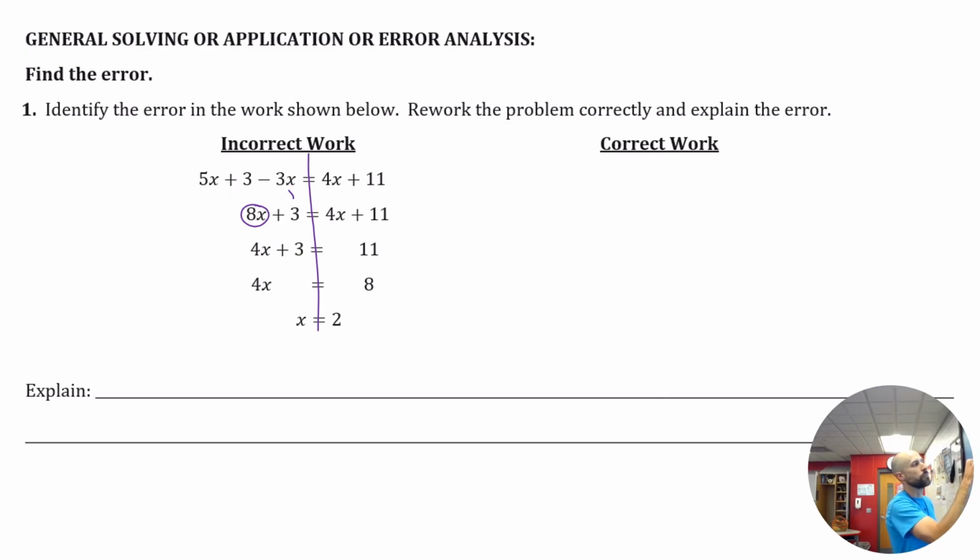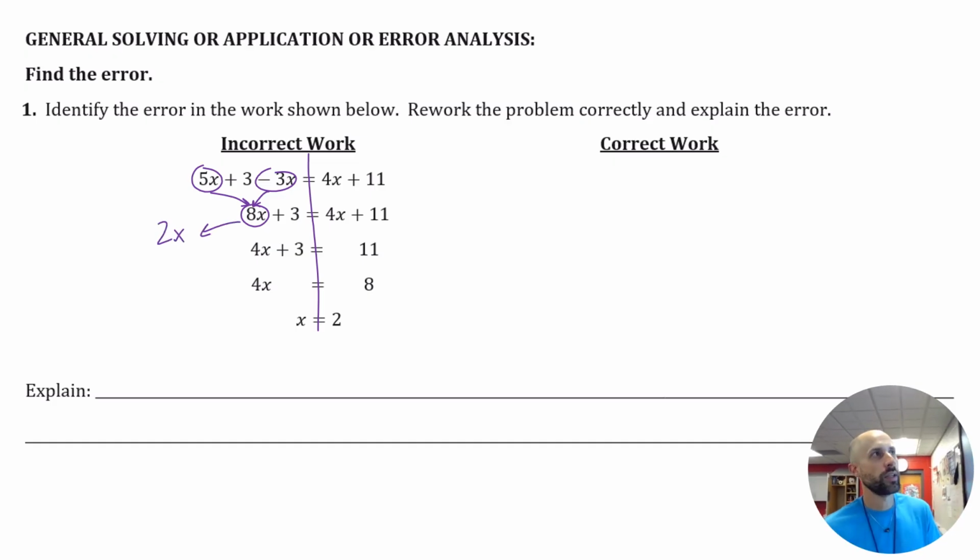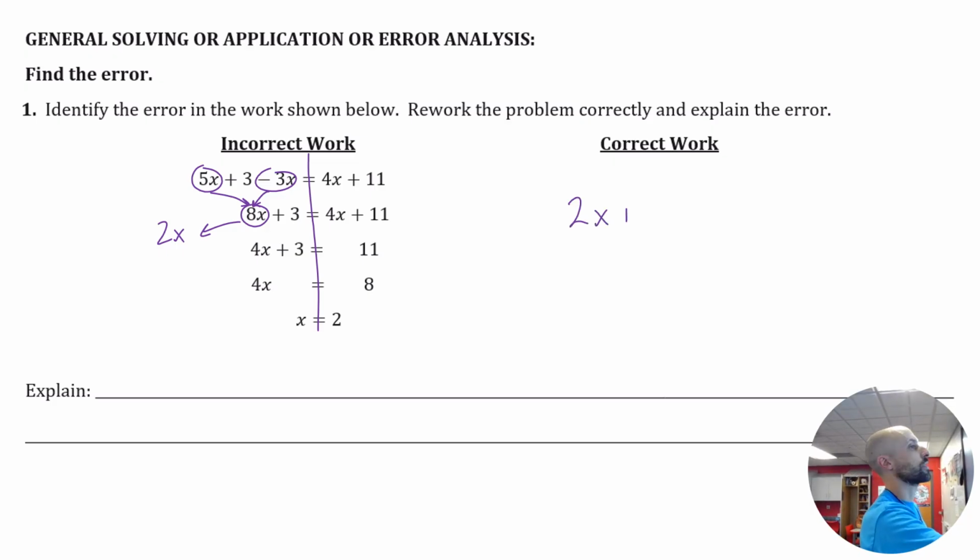So in this case, what they really need to do is just add them together, which 5 plus negative 3, or 5 minus 3, this right here should be a 2x. Okay, so let's start right there in the correct work. So after that first step, it should be 2x plus 3 equals 4x plus 11. So our error, right? Let's explain that down here.